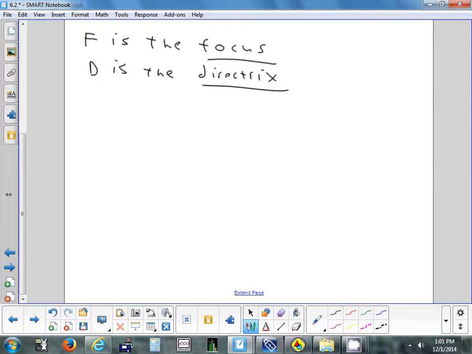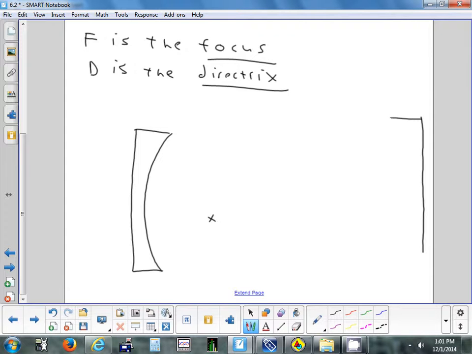I know they have it at a museum in San Francisco and many other places. It's a huge block of concrete, maybe 10 feet high, and it's shaped something like that if you look at it from the side. They make it so the focus of this parabola is right about here, about 5-6 feet off the ground, right where somebody would stand. And then there's one on the other side, kind of like this, and this distance might be 100 feet apart.